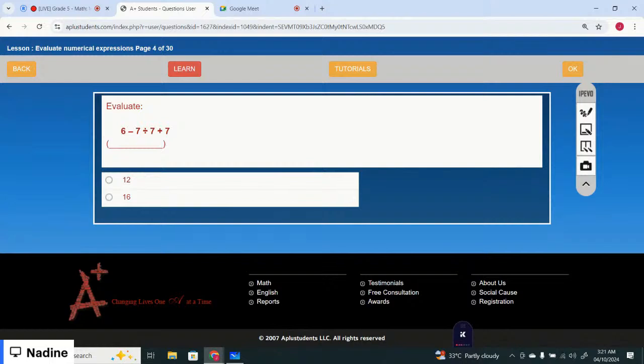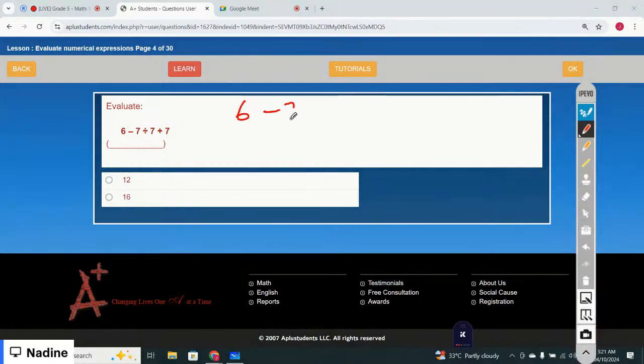The next one is to evaluate 6 minus 7 divided by 7 plus 7. You have addition, subtraction, and division.